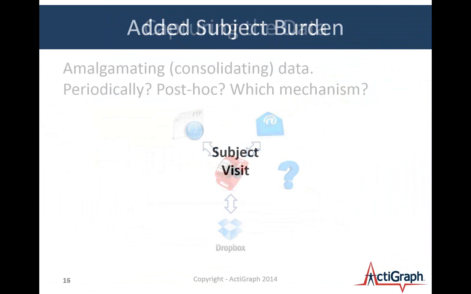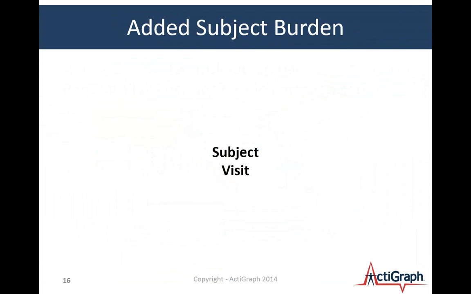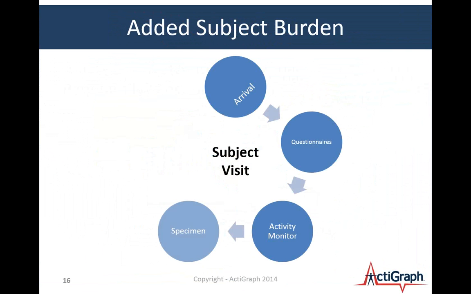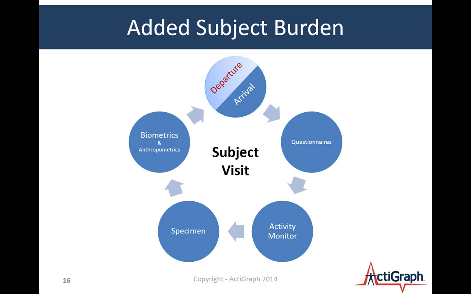That's a challenge. And then you've got the added burden, the added subject burden, right? So you've got a subject coming into a site for a visit, and that visit will consist of the subject coming in, filling out some questionnaire, getting an activity monitor, collecting a specimen and recording that, collecting anthropometrics or biometrics, and then the subject leaves.